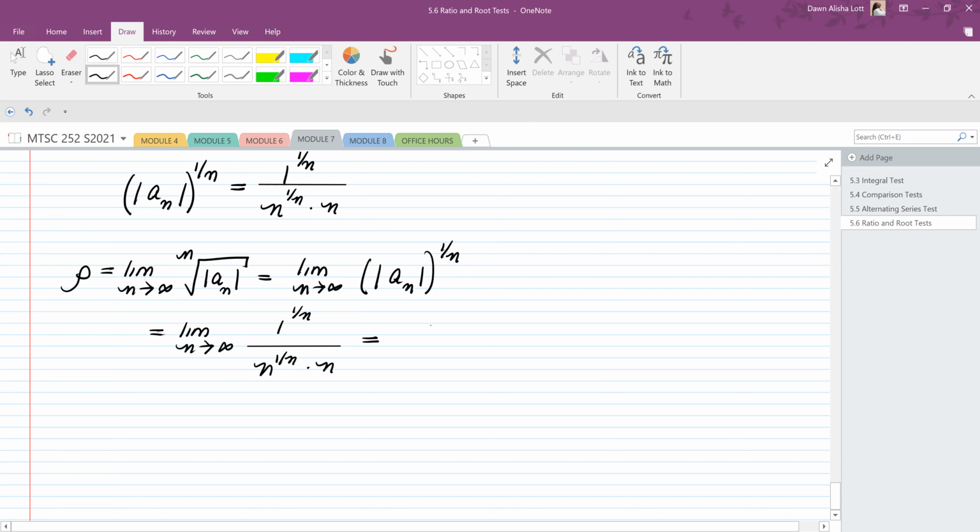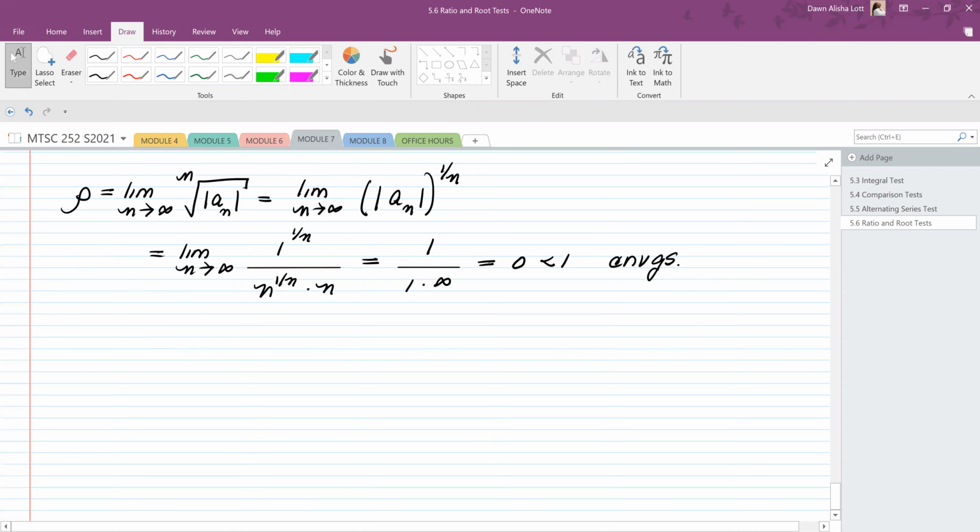So 1 to the 1 over n goes to 1. n to the 1 over n goes to 1, and n goes to infinity. So this limit is 0, which is less than 1, so it converges. Okay.